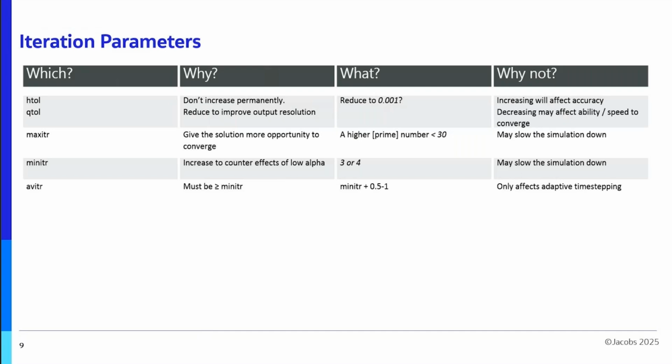The smaller the number, the tighter the tolerance. If these parameters are increased from their respective default, which is, as we've seen before, 0.01, then generally the less accurate the solution is, which may manifest itself as mass error. However, decrease them and the solution may take much more time to converge or not converge at all.